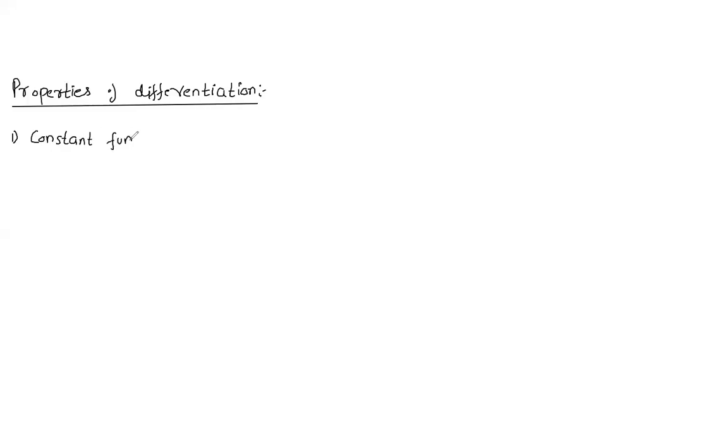If you have a constant function, say y is equal to k, where k is a constant. Differentiation means to calculate change, and constant means something which cannot change. So if you try to differentiate a constant, this k, with respect to any variable, you will get 0. Differentiation of a constant function is always 0.